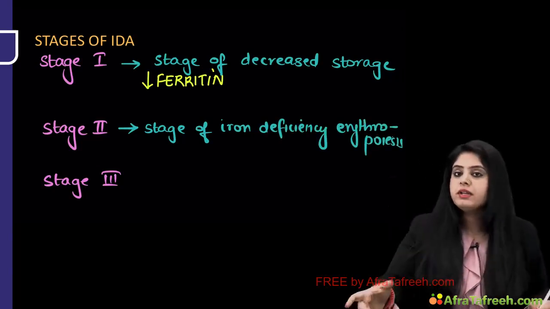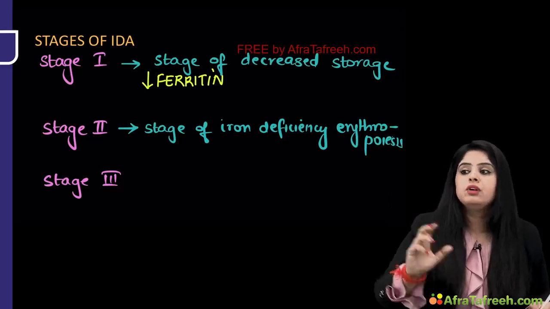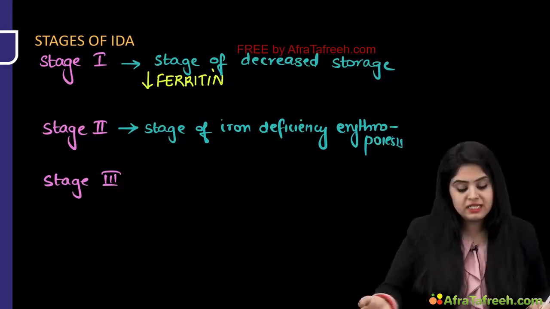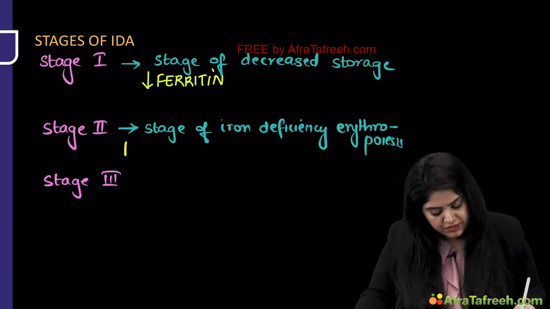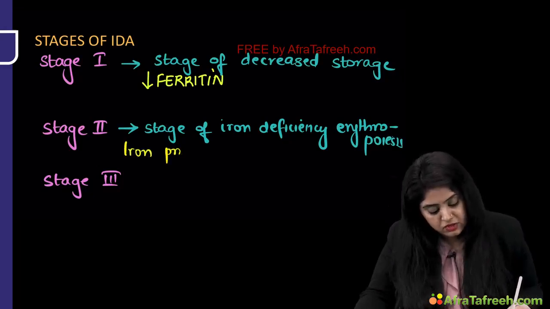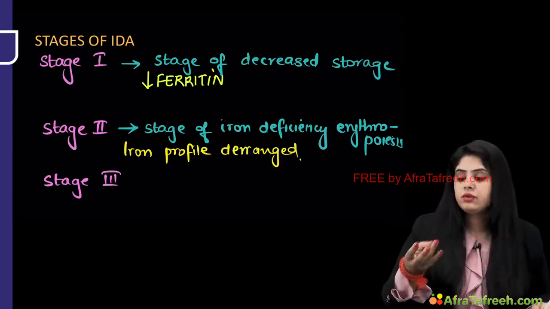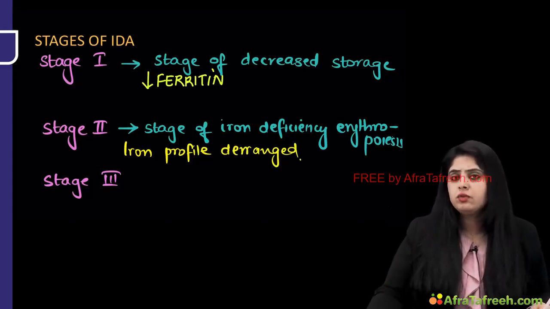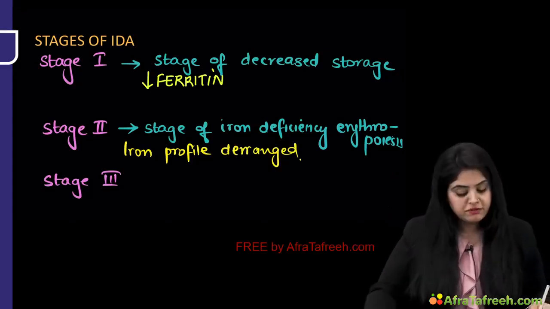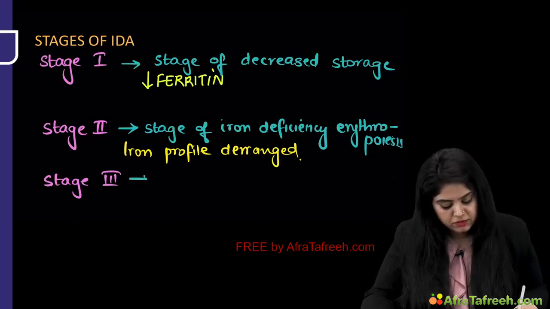Basically, I want to make red blood cells, but I don't have iron. I want to buy new books, but I don't have money. So over here, the iron profile is deranged. I'll tell you in a while what the iron profile is. Now I don't have iron, I don't have transferrin, I don't have all of those iron profile things. And finally comes stage 3, that is end of the month.